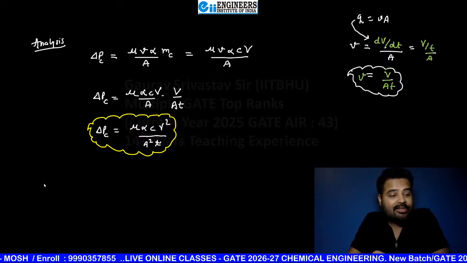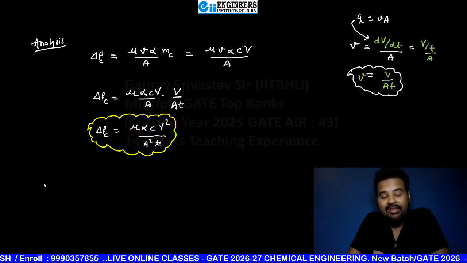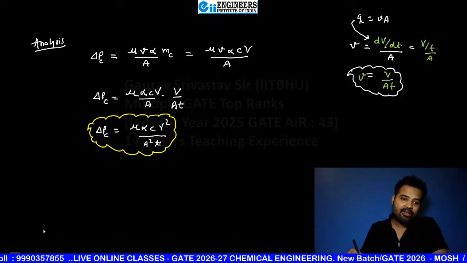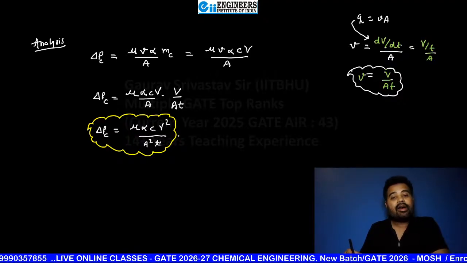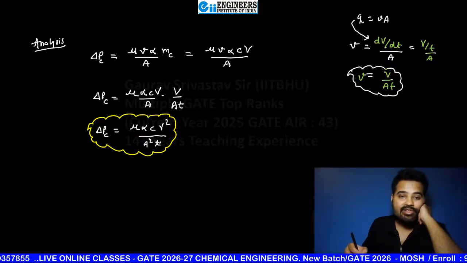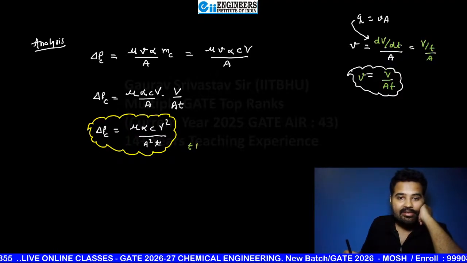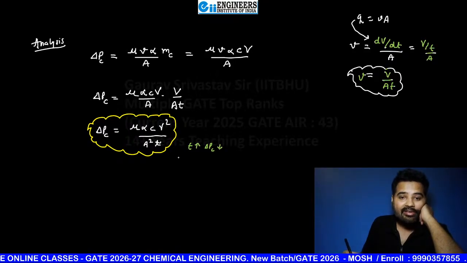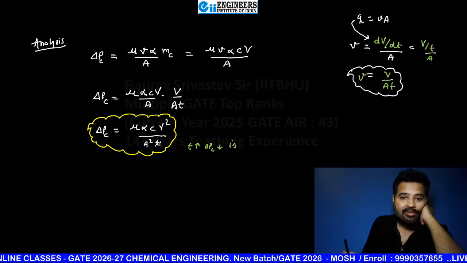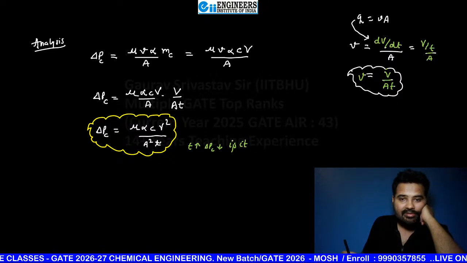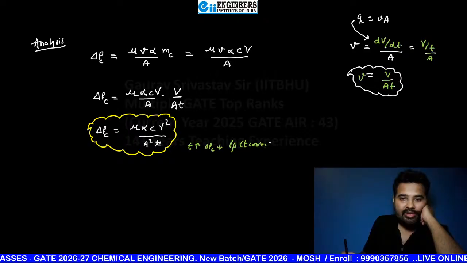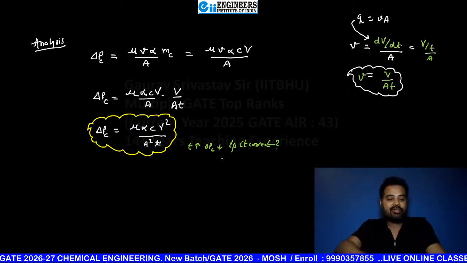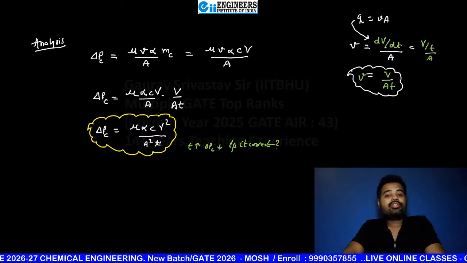If everyone is telling yes, then just tell me one thing. With respect to this equation, when t increases, delta Pc decreases. Is it the right case? Is it correct for constant rate filtration?